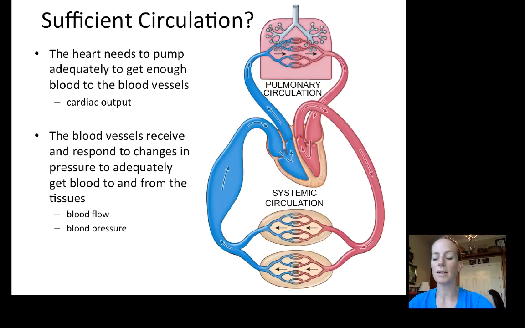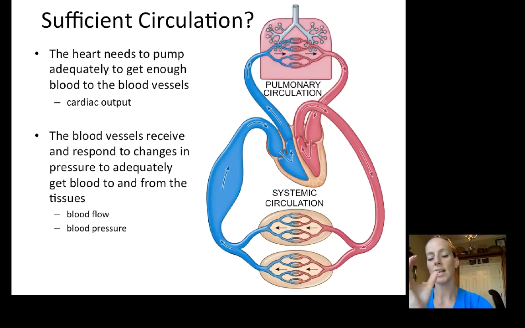So we have some blood vessels that are more elastic that can help to recoil and push the blood through. We will have some blood vessels that are less elastic and more open that are going to be pressure reservoirs, decreasing blood pressure. And then we will have some vessels that can actually be changed by the system.